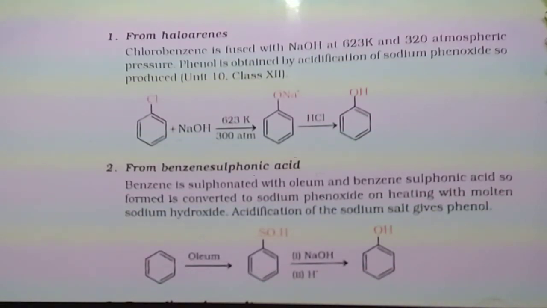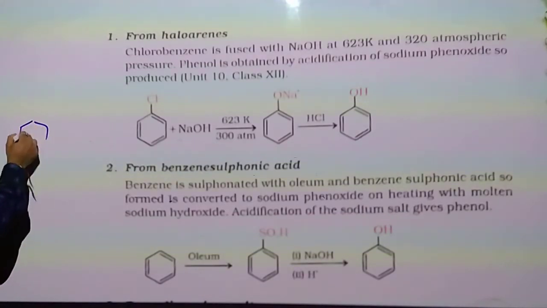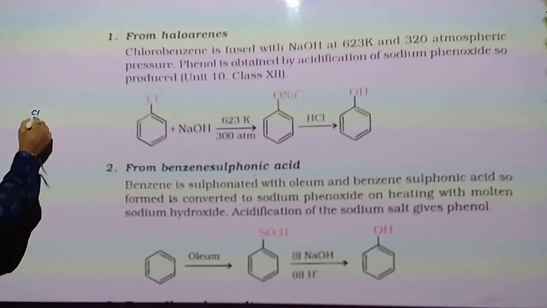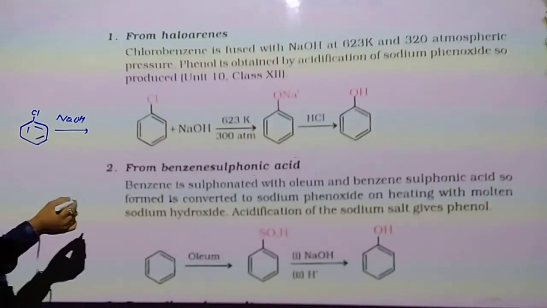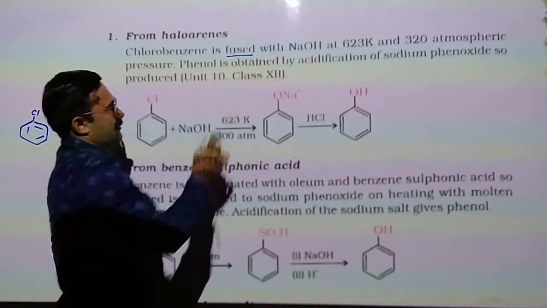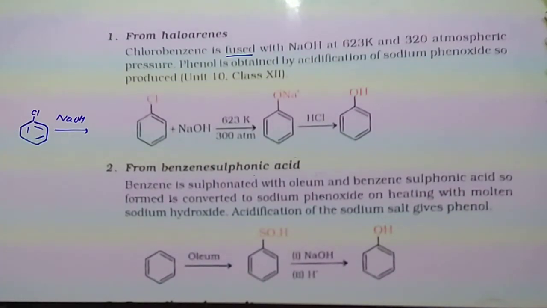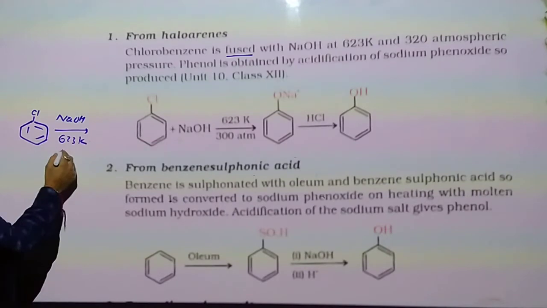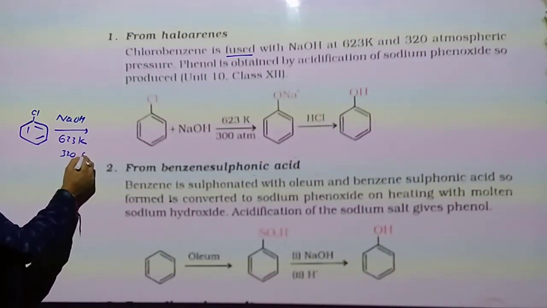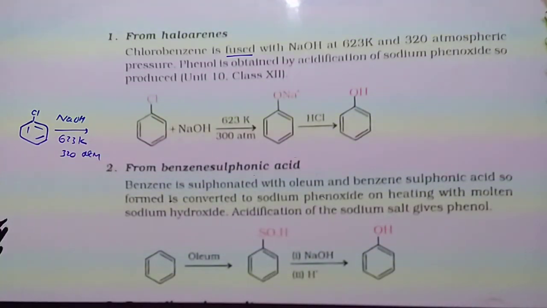So we first dissolve chlorobenzene in sodium hydroxide, that is, fuse it, at 623 Kelvin temperature and 320 atmospheric pressure.